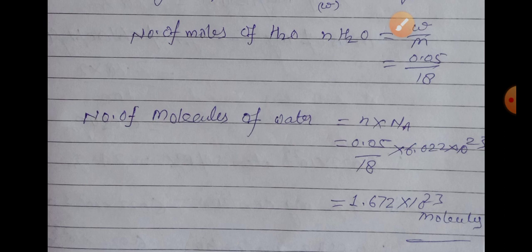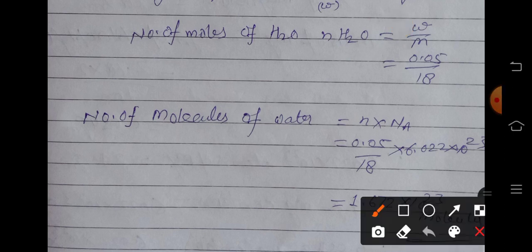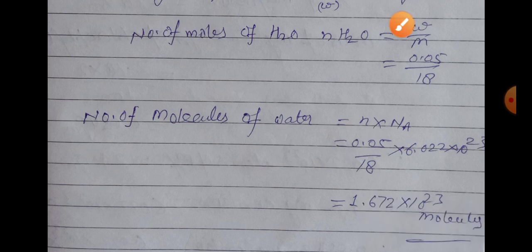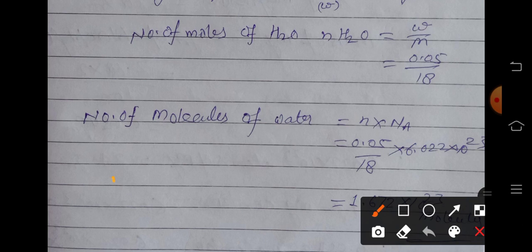Number of molecules equal to 0.05 divided by 18 into 6.022 into 10 power 23. If we multiply and divide, we get 1.67 into 10 power 21 molecules of water.